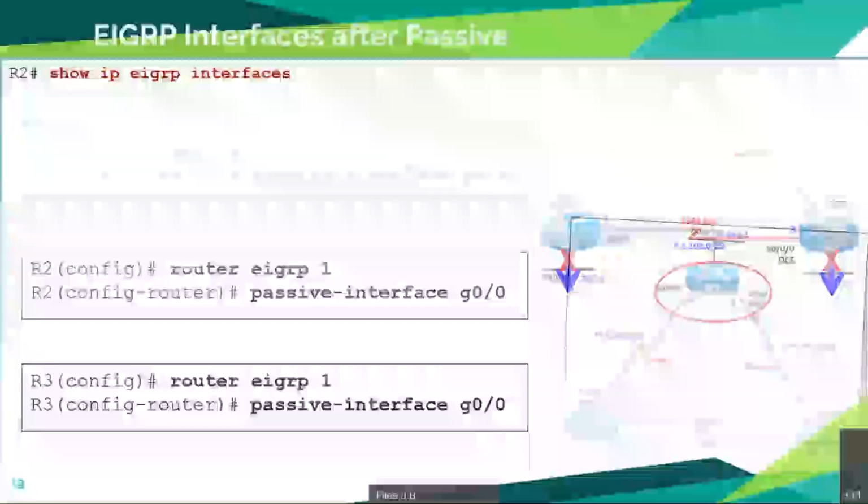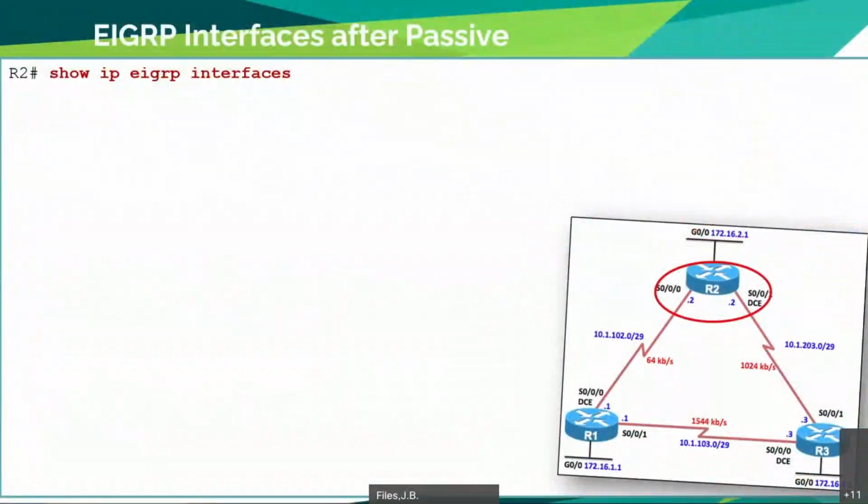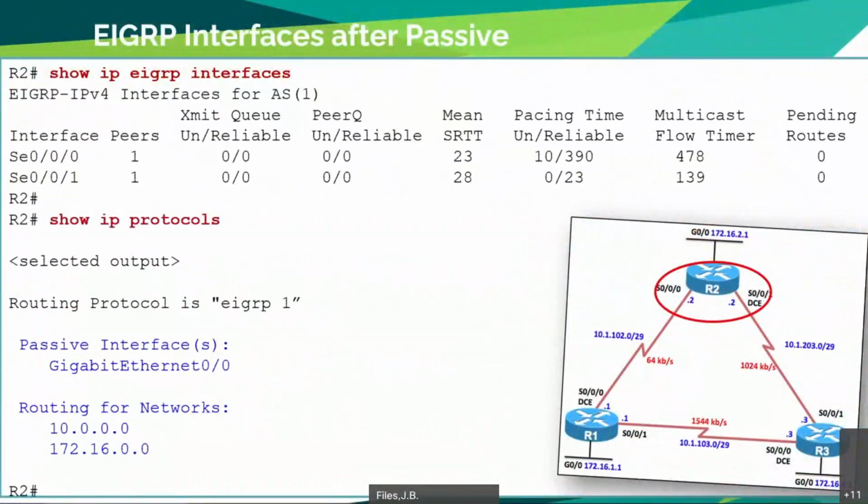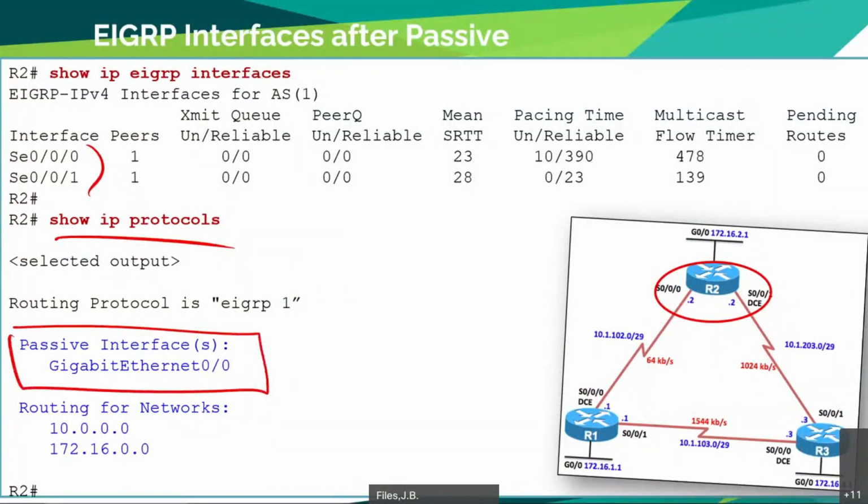We can verify that if we do show ip eigrp interfaces, we can see they are not participating, right? We only see two interfaces here. But now if we look at show ip protocols, we can see there's a section called passive interfaces. But we're still routing for all we were before.